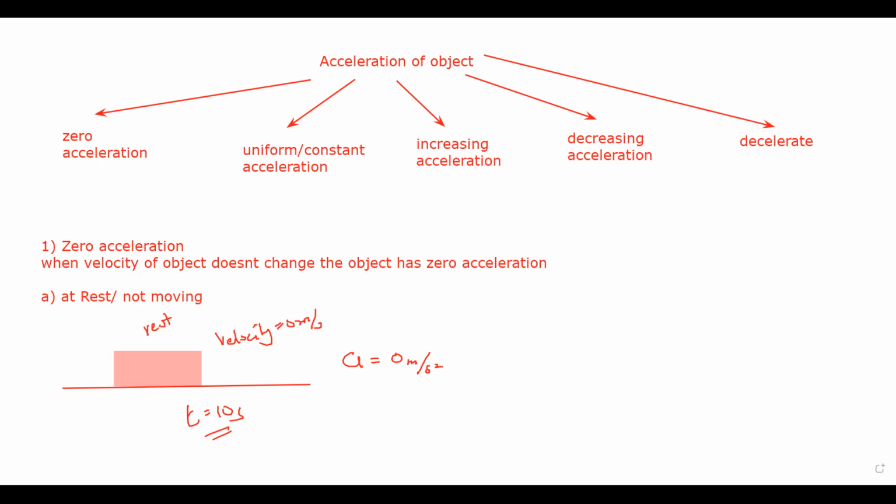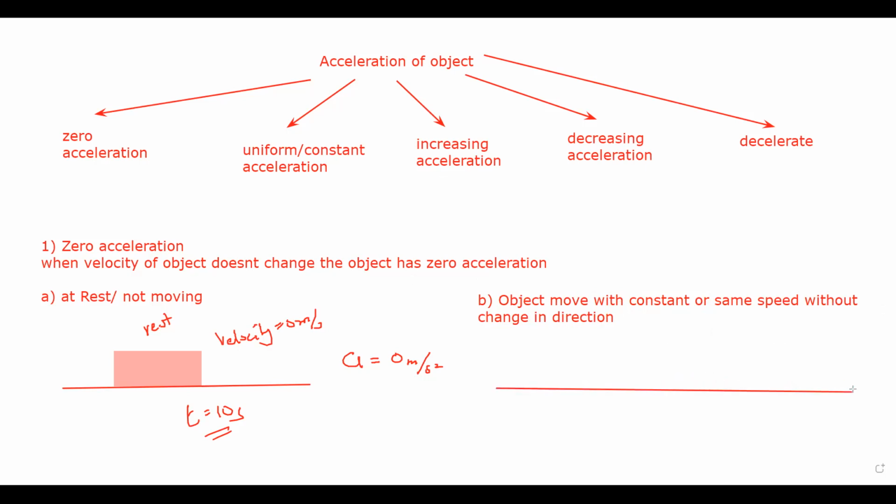This is one part. The second possibility for zero acceleration is when the object moves with a constant speed without changing direction. In that case, we also say this object has zero acceleration.